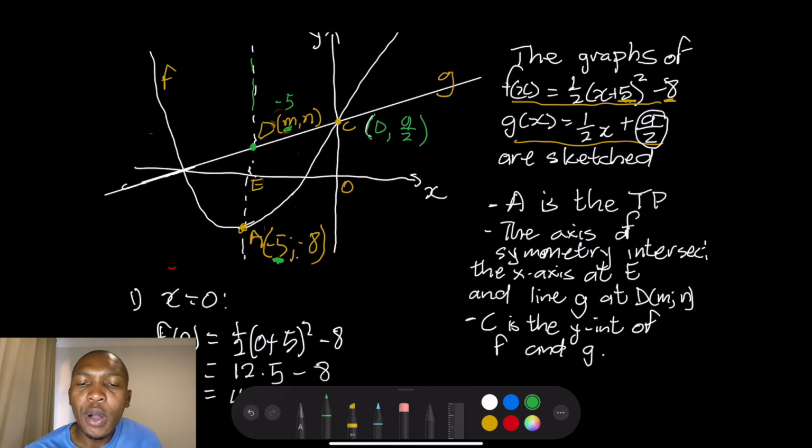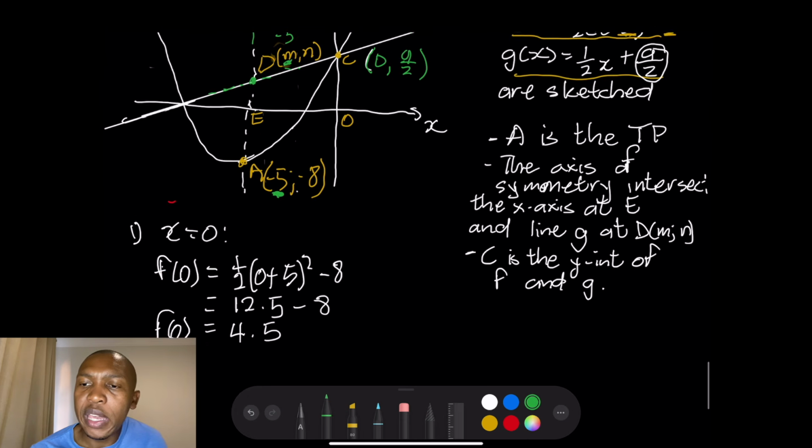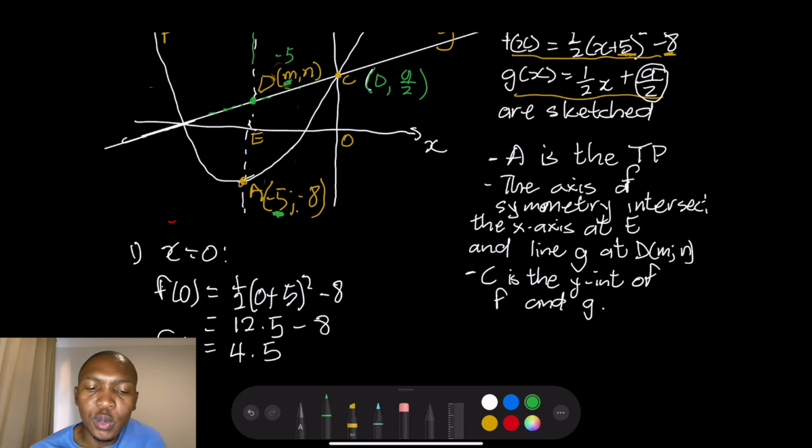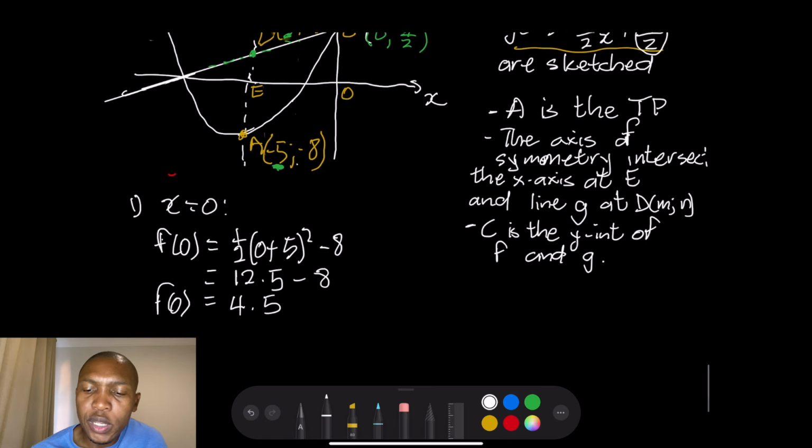Okay, but now how would we get the value of n? We would need to just substitute, because you can see the straight line passes along that point there. So what you can do is get that value by substituting into the equation for g.